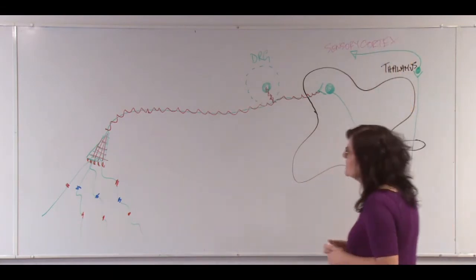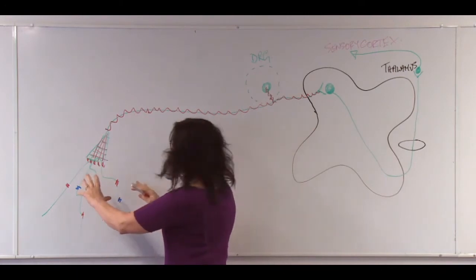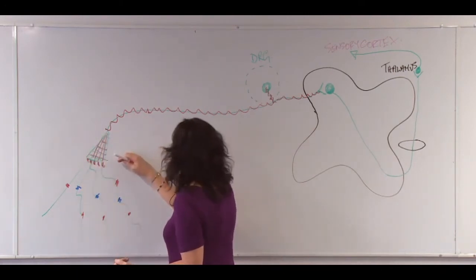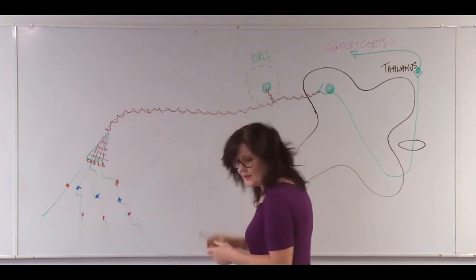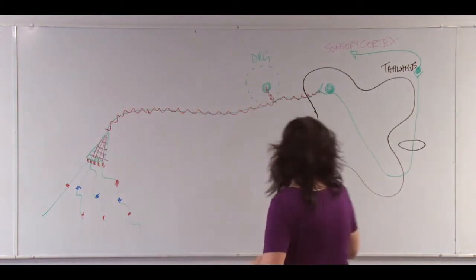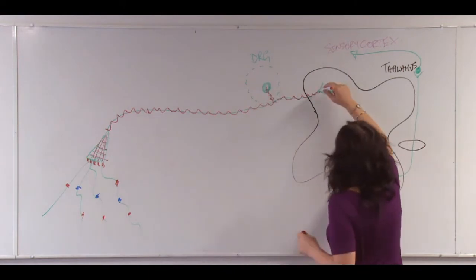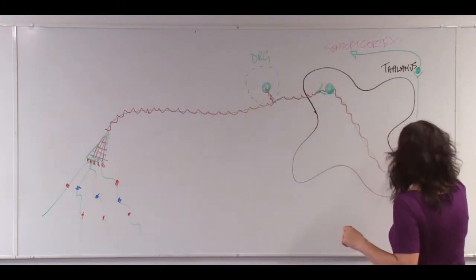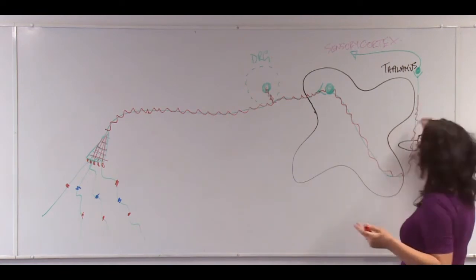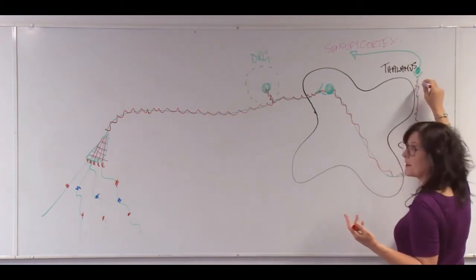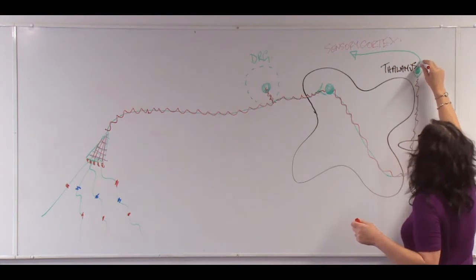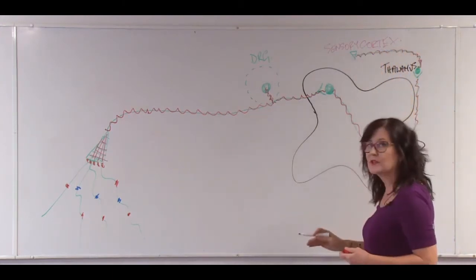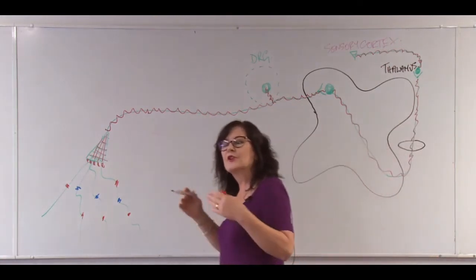Now, you remember we talked about this as transduction. So down here is transduction. This passage of our action potential through the primary afferent, across the synapse, through the second order, up the spinothalamic tract to the thalamus, another synapse, up the tertiary or third order afferent to the sensory cortex, is transmission.